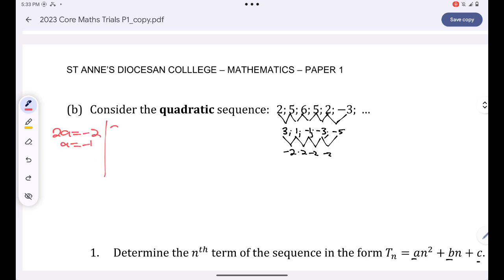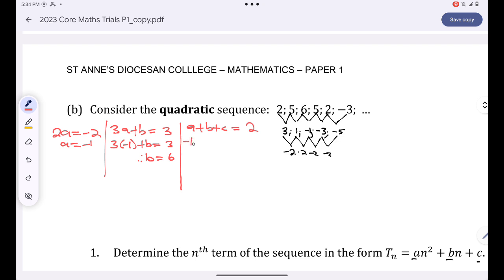But I also know that 3a plus b is equal to the first term of the first difference. So that's 3 multiplied by a negative 1 plus b is equal to 3. Therefore, the value of b is just equal to positive 6. And I also know that a plus b plus c is equal to the first term of my quadratic sequence.